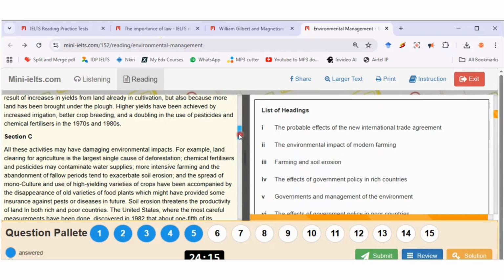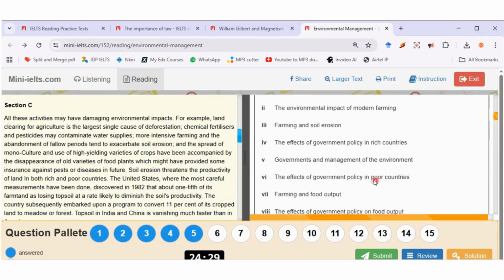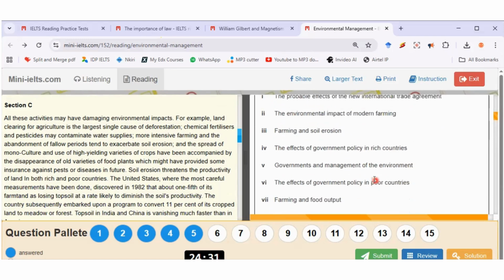Sometimes you may need to come up with 2 sentences. Sometimes it could be 3 sentences. But usually it doesn't exceed 3 sentences. And then you come to your list of headings and look for the heading that best matches the title or summary that you came up with. When you practice this thing I just did now, you need to get used to it. It takes a lot of practice to get used to it. Hope you get my point.